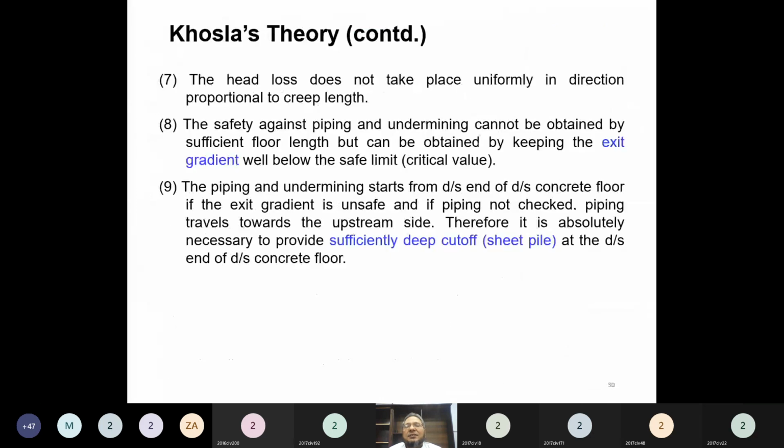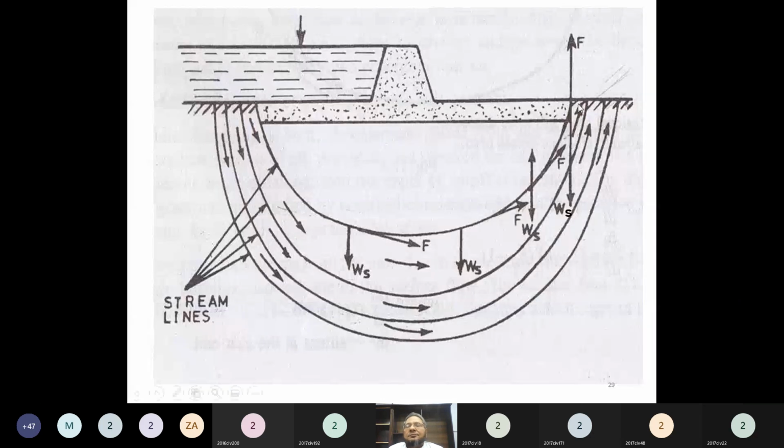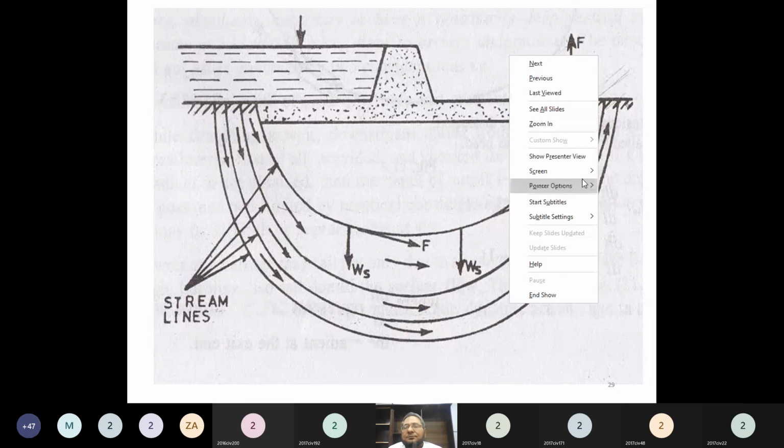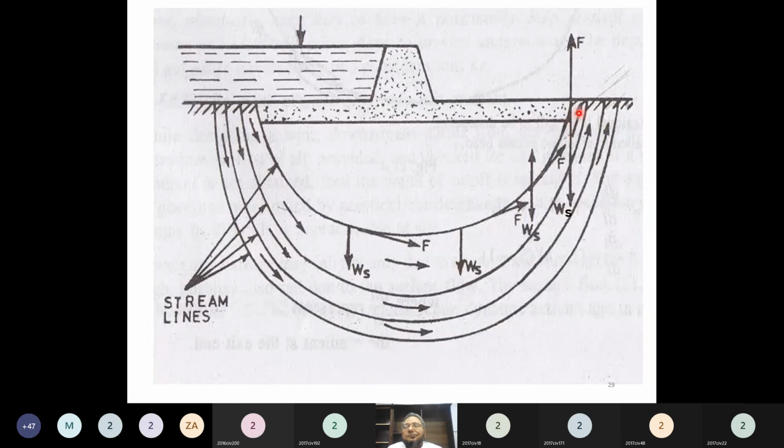So let us come here. Just consider this point and this point. There would be some pressure here, and here the pressure should be 0, because there is no water here. So how much is the change in pressure?